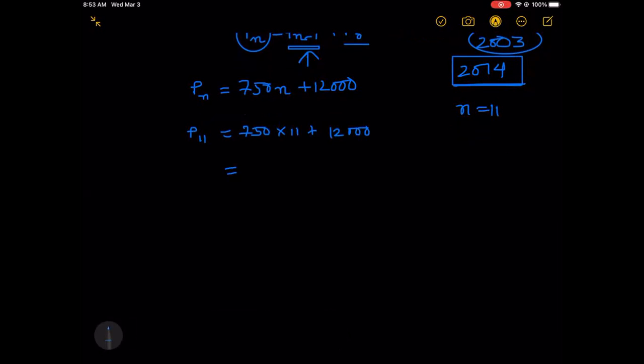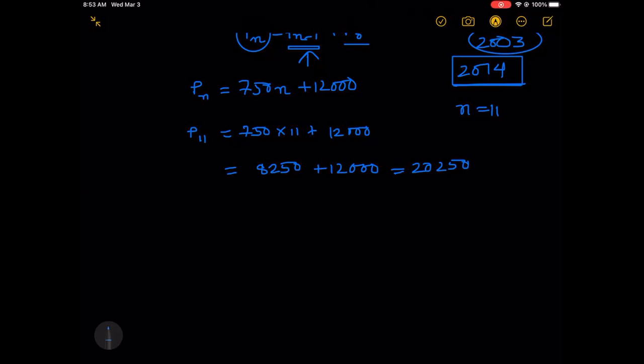And what would be 750 times 11? It would be 8,250. So overall, it will be 20,250.